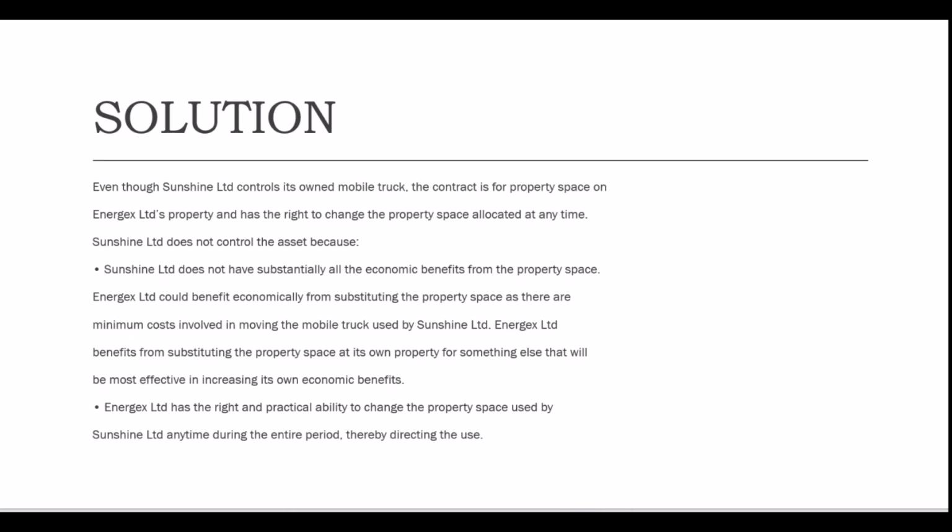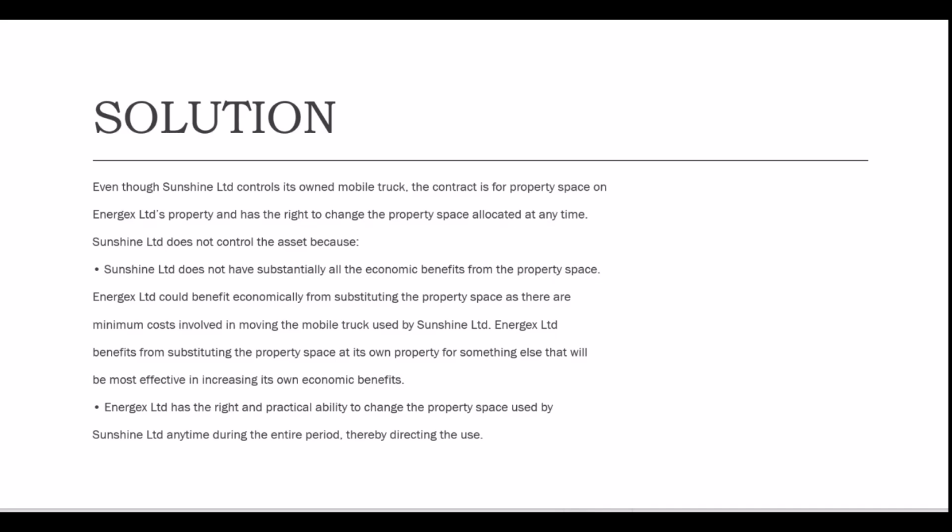Energy Limited has the right and practical ability to change the property space used by Sunshine Limited anytime during the entire period, thereby directing the use. Remember, the whole thing boils down to this: you are directing the use for what? For benefit. Who must get the benefit? The lessee must get the benefits. If the lessee is not getting the benefit and the lessor is getting the benefit, then it's not a lease.